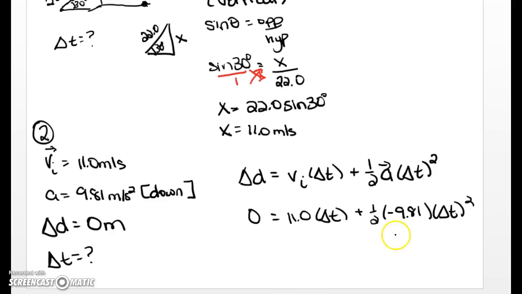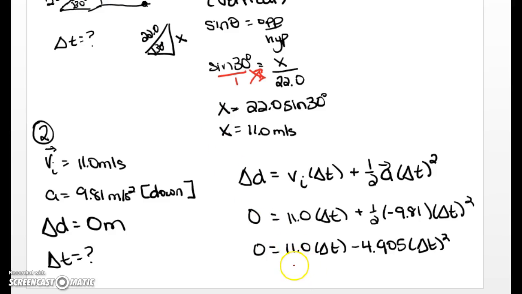So I'm going to simplify this right-hand side here. I'm going to multiply 1/2 by that negative 9.81. So 1/2 times negative 9.81 is negative 4.905 times delta t squared. And because we have two terms here and both of them have variables, I'm going to move my delta t term to the other side, and then I can divide each side by delta t to get it by itself.